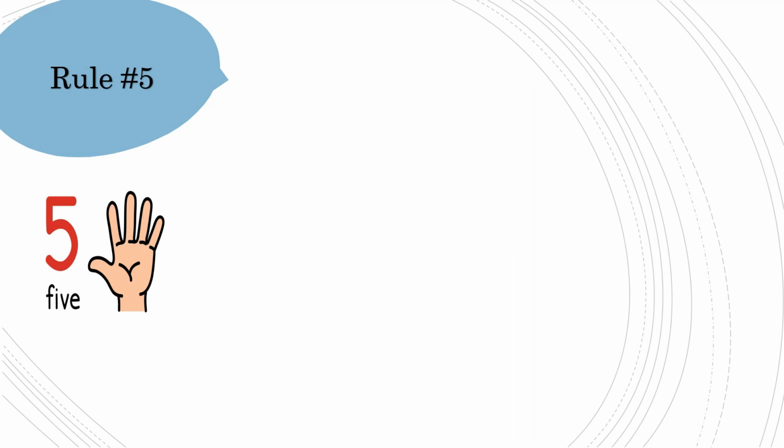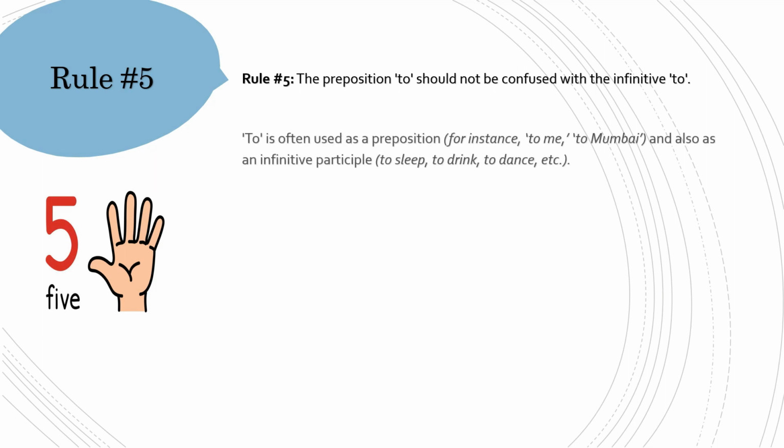Rule number 5. The preposition to should not be confused with the infinitive to. To is often used as a preposition, for instance, to me, to Mumbai, and also as an infinitive participle: to sleep, to drink, to dance, etc. To as a preposition.